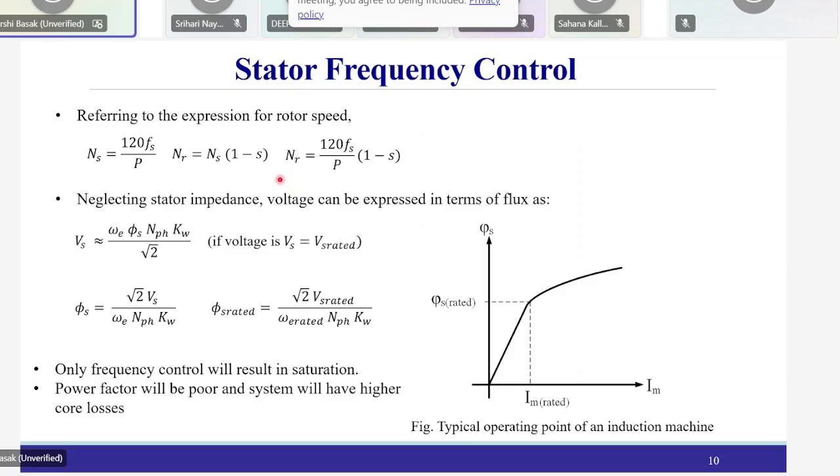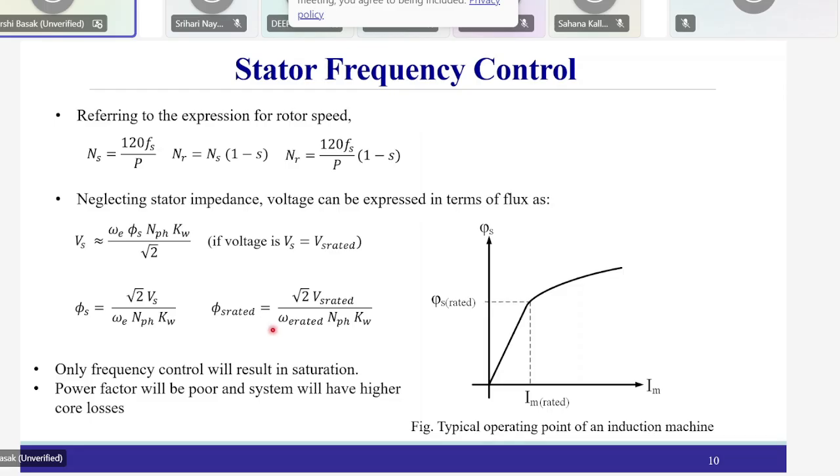Now, if you neglect the stator impedance, then the voltage expression can be given by this. This expression comes actually from the basic flux equation. And then if the voltage Vs is equal to Vs rated, then phi S will be equal to this expression, and you have the rated flux.